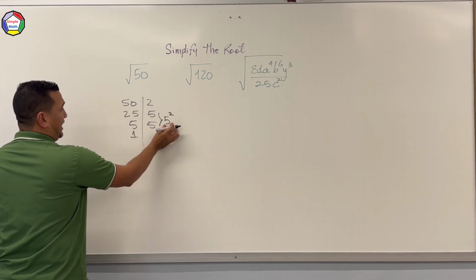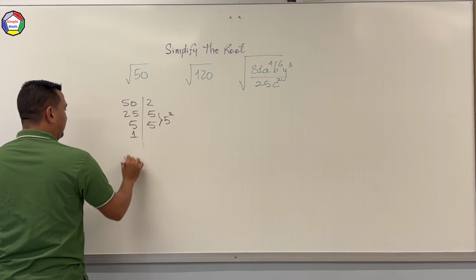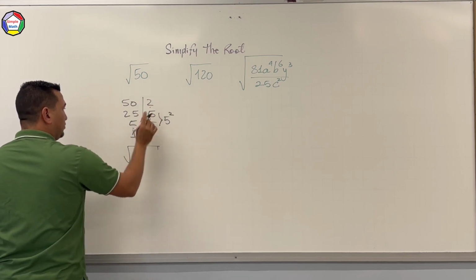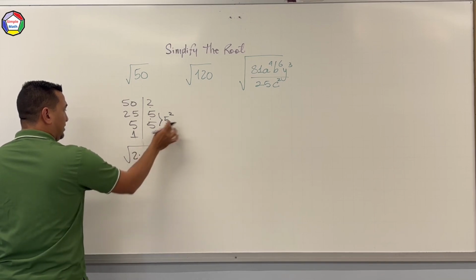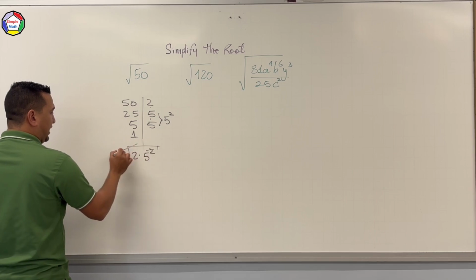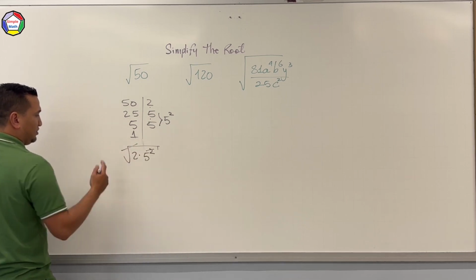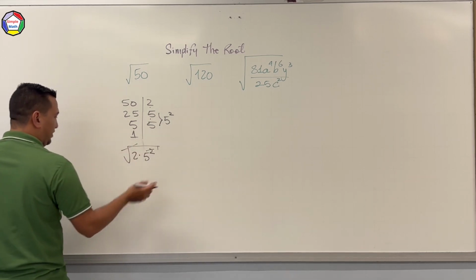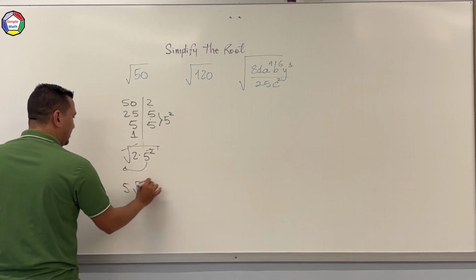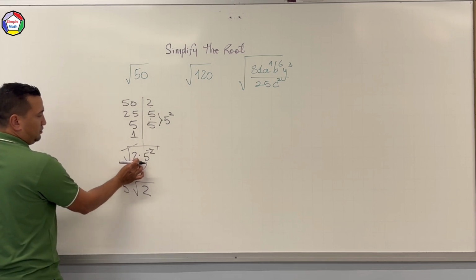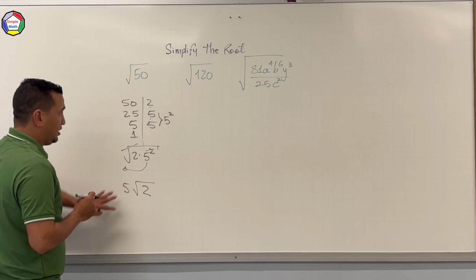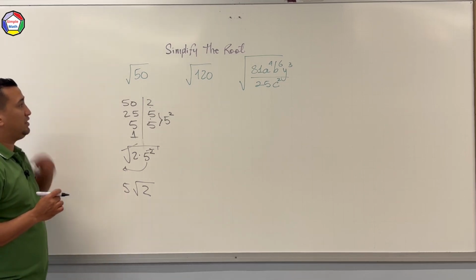Remember, we multiply everything: 2 times 5 squared. Because there is a property, we can take the 5 out and the 2 stays inside the root. So the final answer is 5 square root of 2. The 2 stays inside because it doesn't have an exponent 2. This is the answer, or the simplest form of this root.